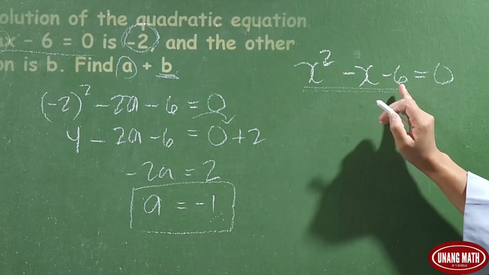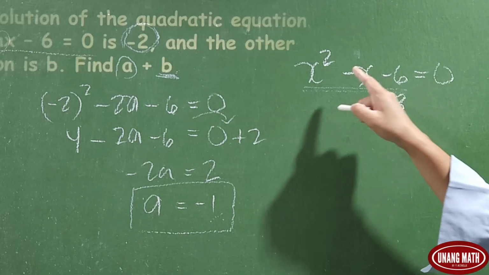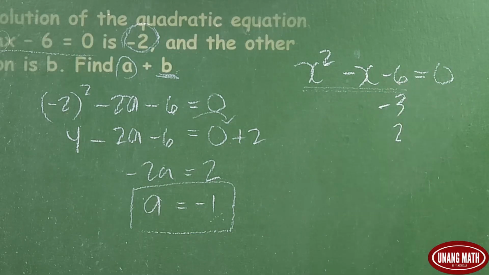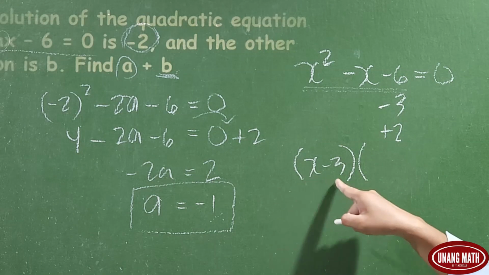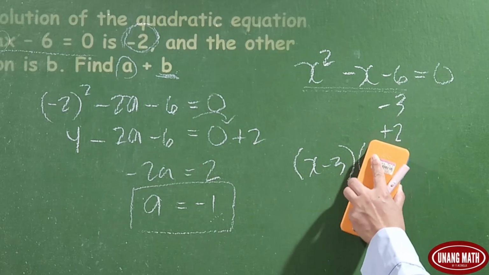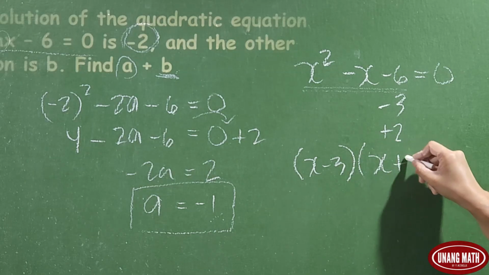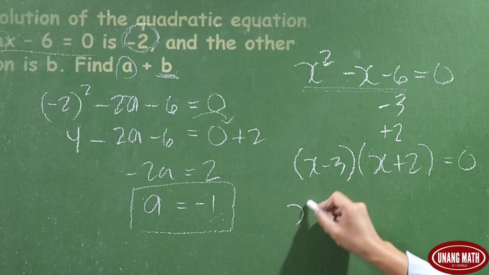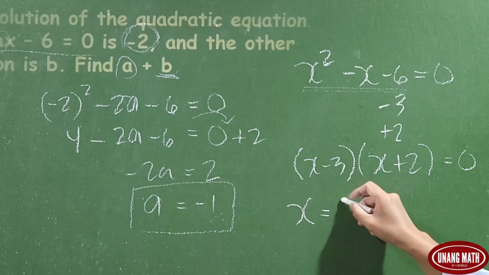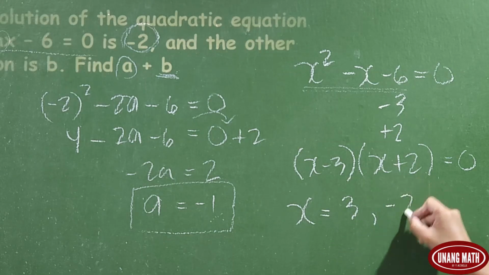Okay, this is 6. So 3 and 2, but this is negative, so it means this is negative 3, and this is positive 2. So factors are (x minus 3) and (x plus 2), and this is equal to 0. So x is 3 and negative 2.